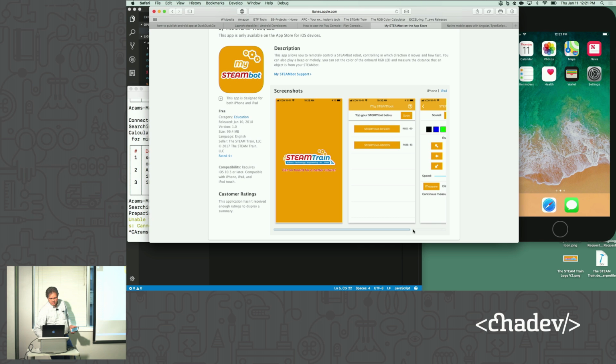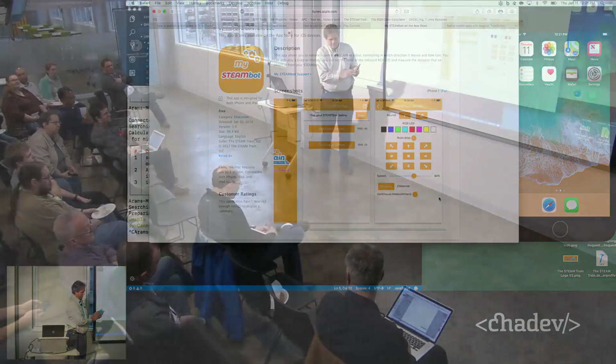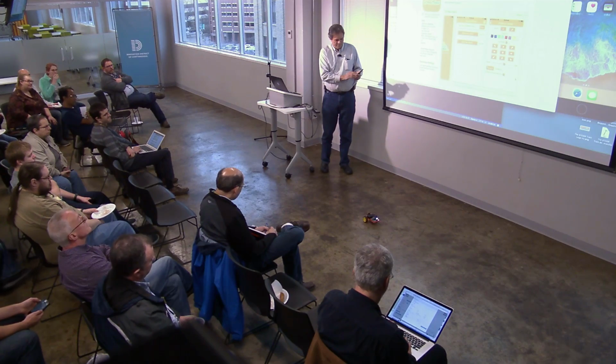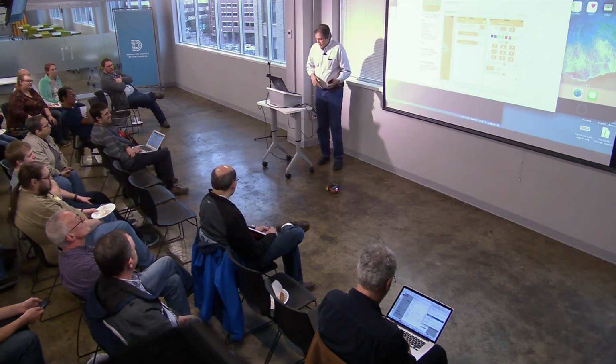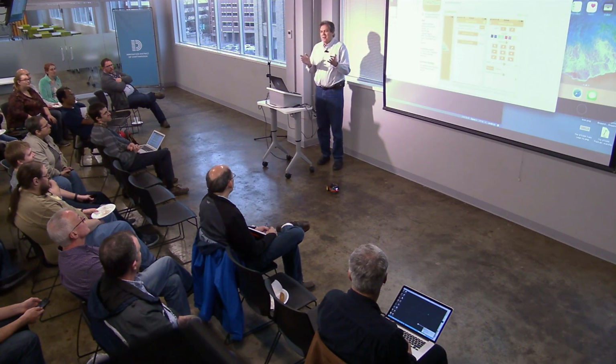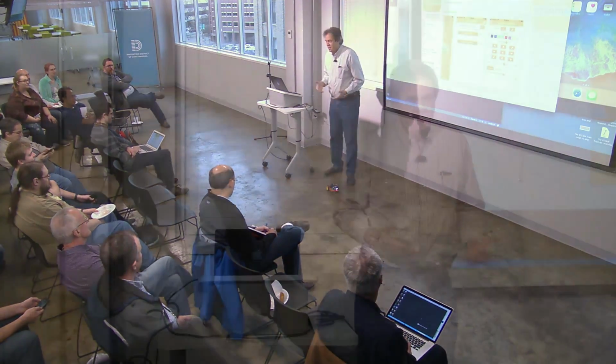You get the list of what I call Steambots, which is my robot kit, and then you navigate for control. And if anyone's published an Android app, please see me. I still haven't figured out how to upload it to the Play Store. And that's it.